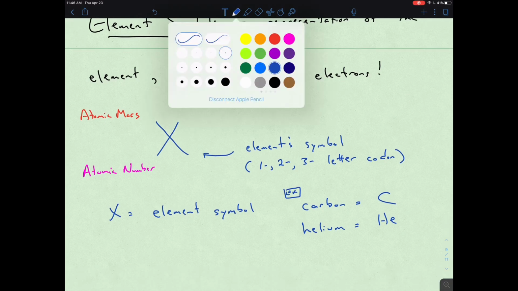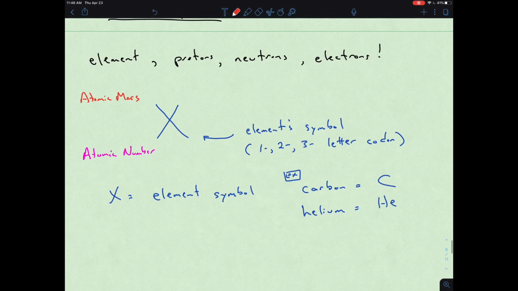And then we have our atomic mass. The atomic mass is basically the sum of the number of protons and number of neutrons.